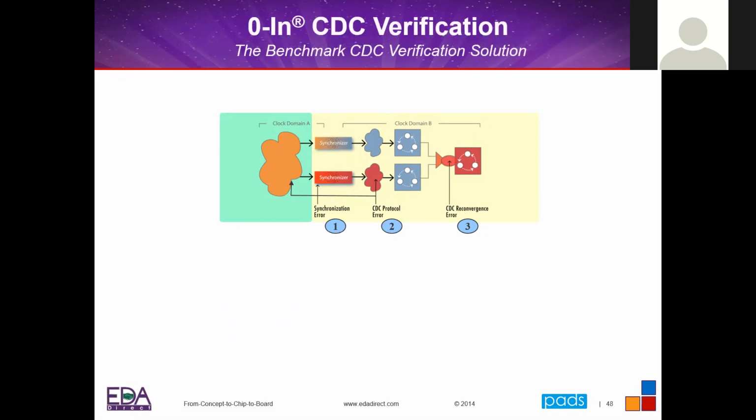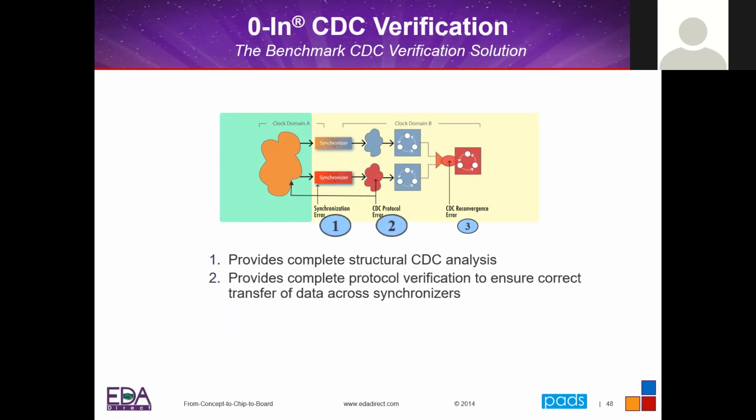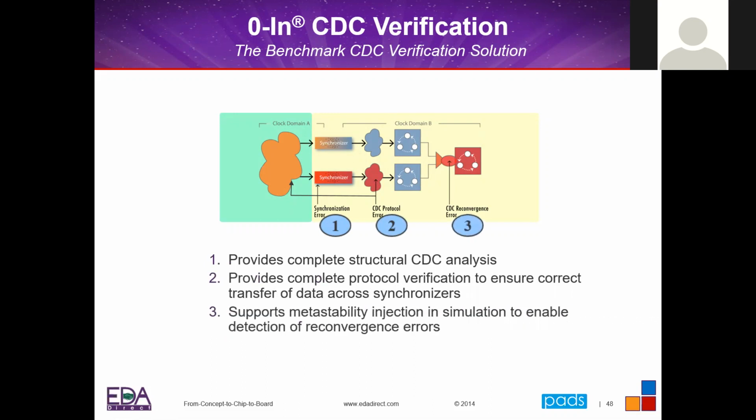And so what our tool does is it does all of that analysis, the structural analysis, the protocol analysis, and then finally the metastability injection. What that means is we detect every place that there would be possibility for metastability events to occur.